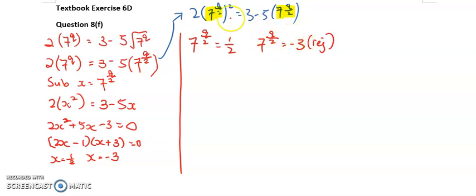I have given a more detailed explanation in the solution video of question 8d in this same exercise, so you can go and have a look. But a very quick property of power is that it doesn't change a positive base to a negative number. So in this case, we reject the negative 3, and we continue to work with 7 to the power q over 2 equals half.